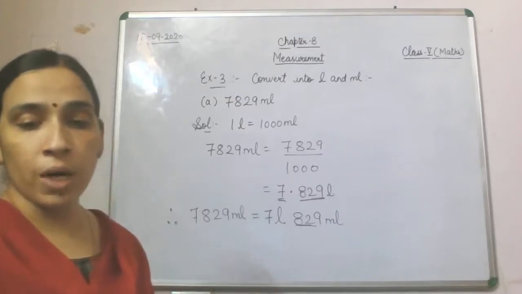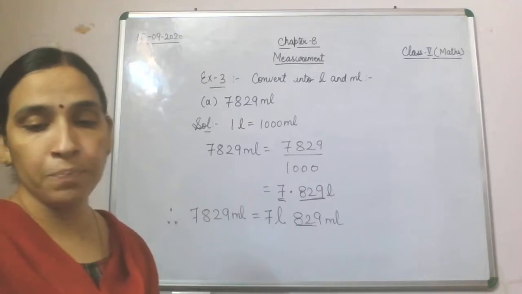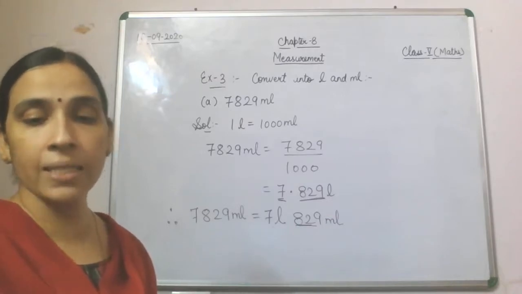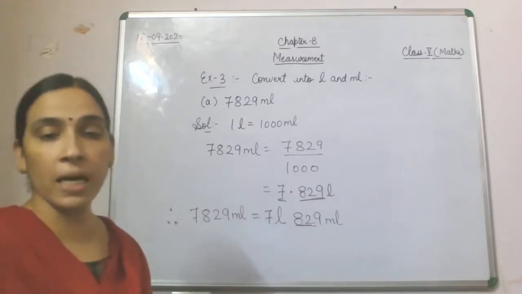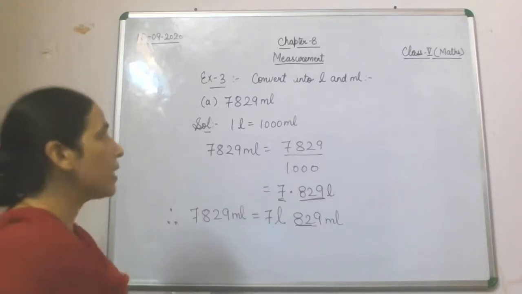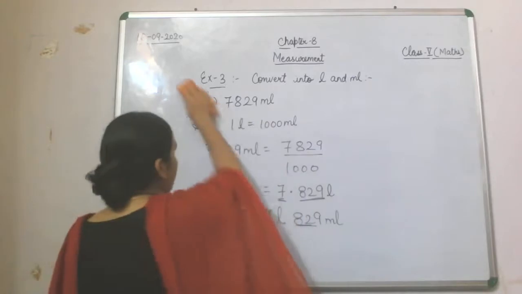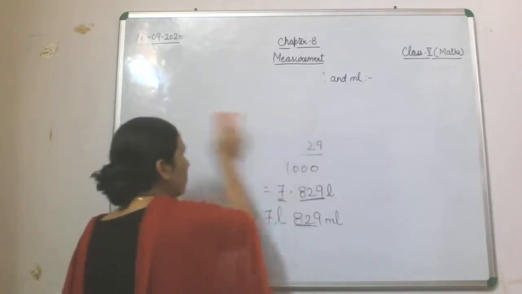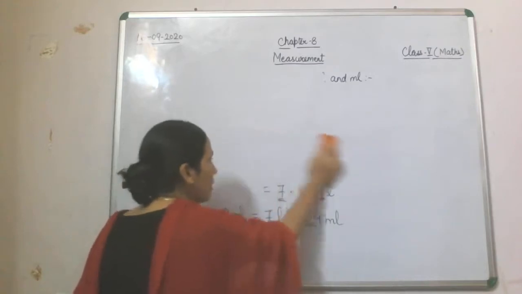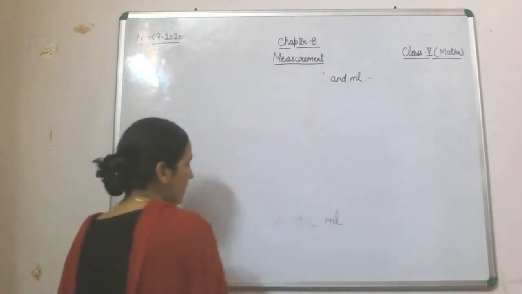So now children, we have come to exercise 8.7, and today we will start with the first question, that is convert into liters. I hope the concept of all the examples will be clear, and now we'll shift to the exercise.